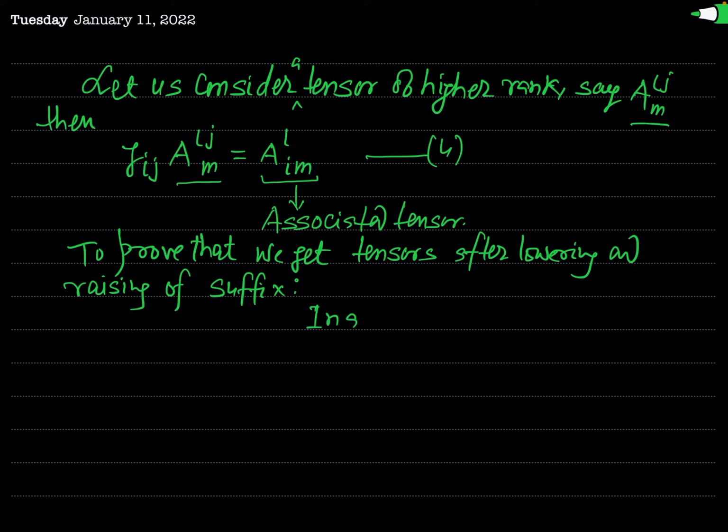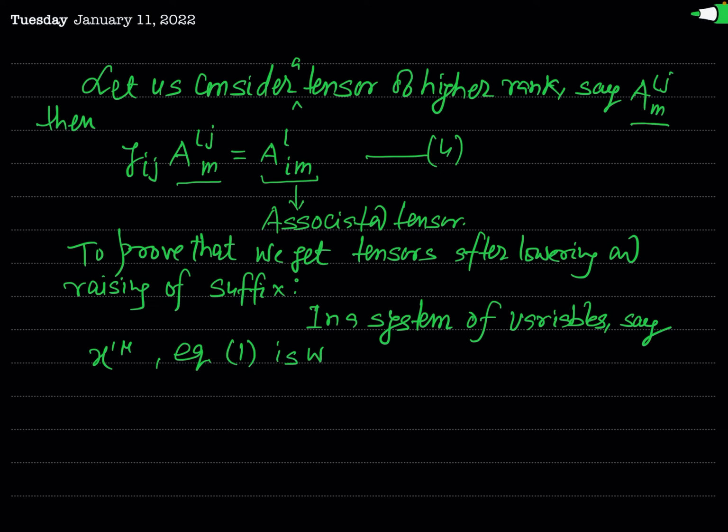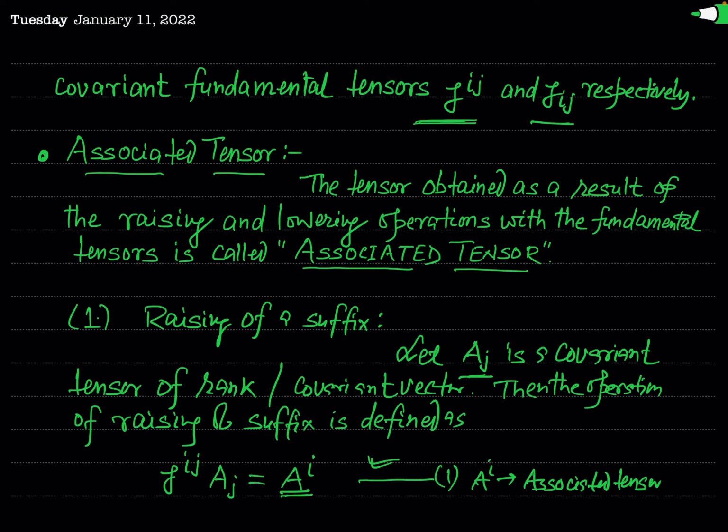In a system of variables, say x prime mu, equation 1 is written as follows. See equation 1.